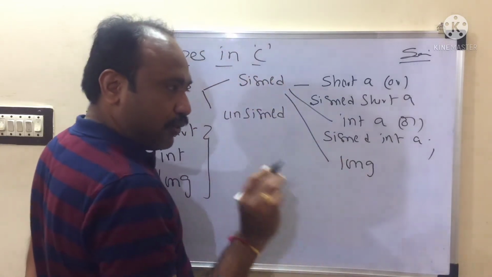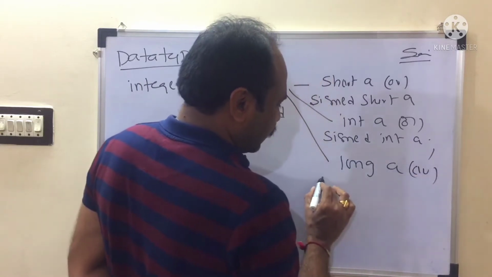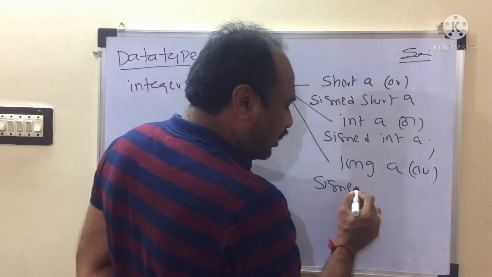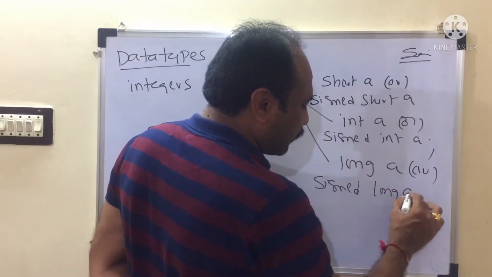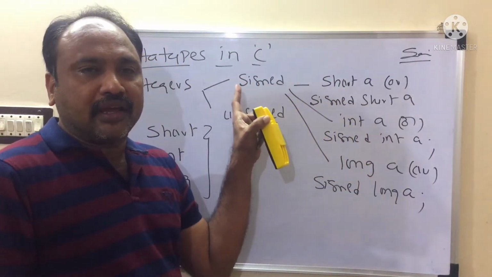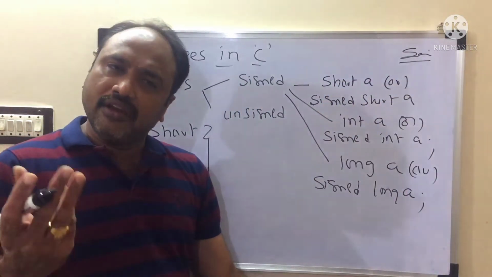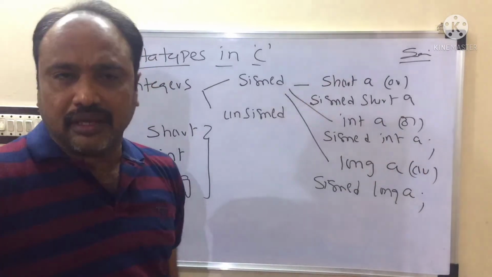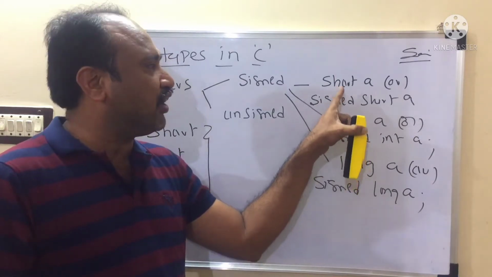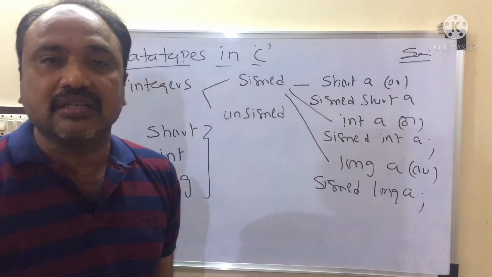Don't write long int, simply write long a. Or you can write signed long a. Both are the same. That means while declaring data as integer data, if you have to declare it as a signed short integer, simply write short a. It will be treated as signed only. No need of using the signed keyword especially. By default, when we declare short a, int a, long a, they are treated as signed.